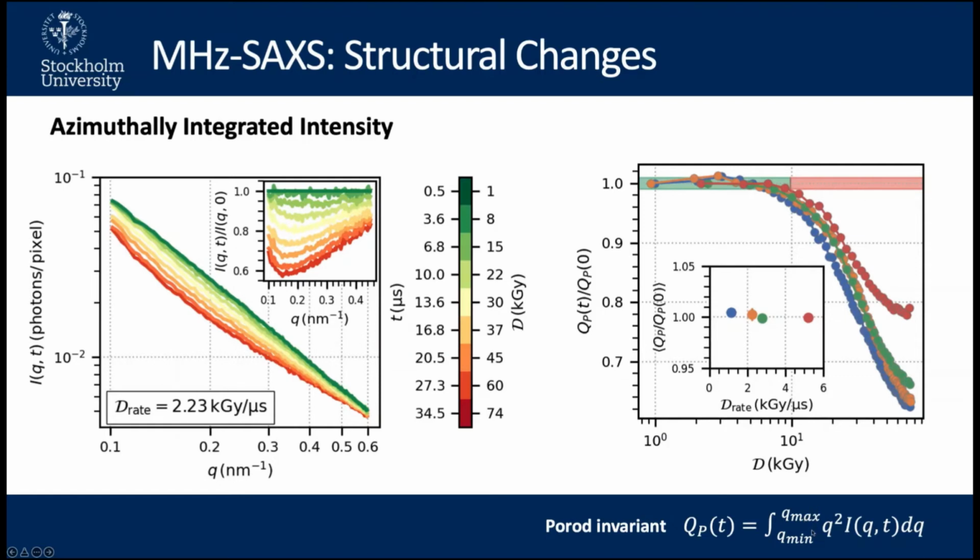It's an integration within a certain Q range. And here you see that there is a regime at early times, let's say low doses, in which we do not see any major changes.